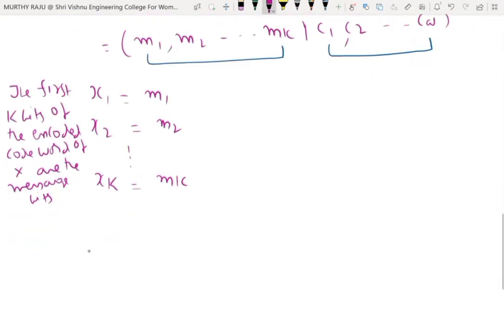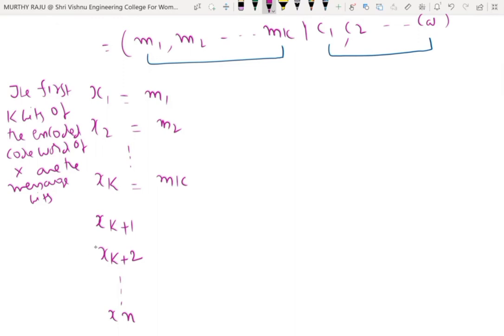Here xk plus 1, xk plus 2 and so on xn are the last bits.